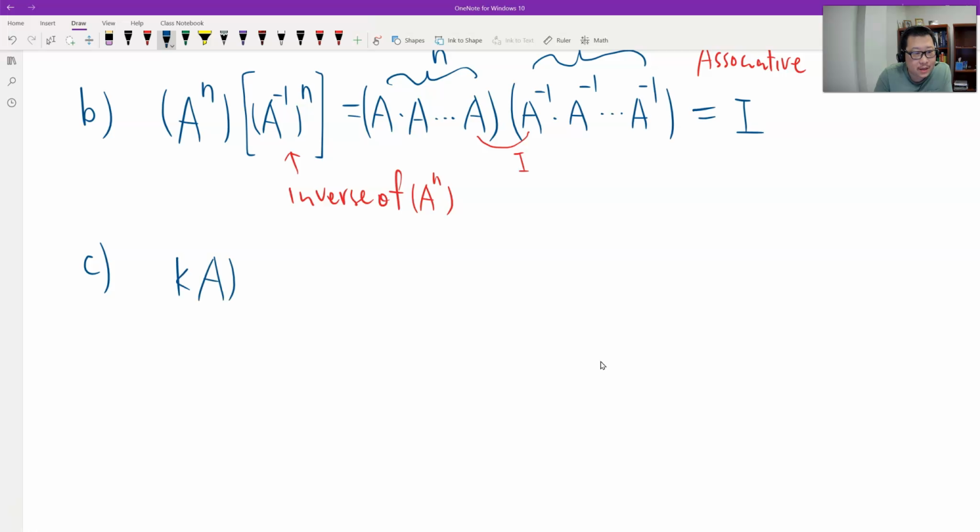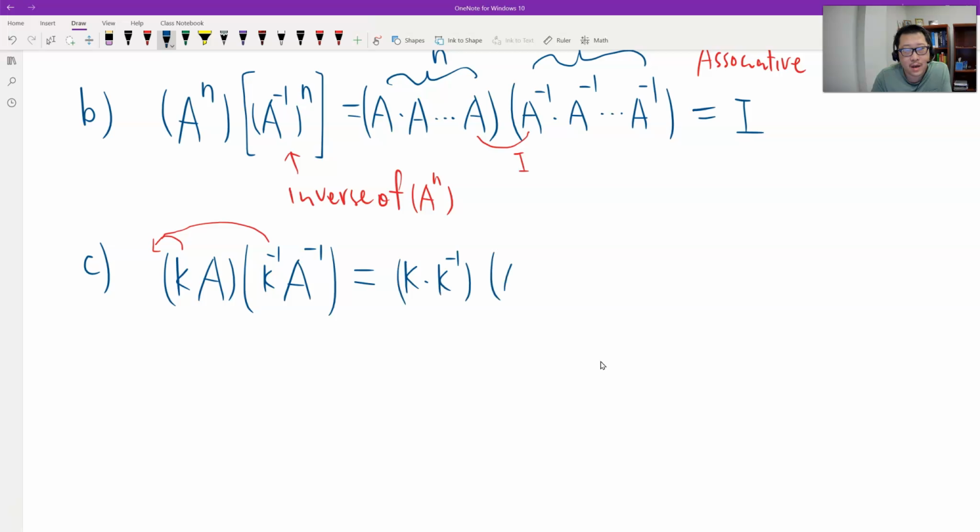So k times A times one over k, where k is not zero, times the inverse of A. By the homogeneous property we learned before, we take out k times the inverse of k, and then we have A times the inverse of A. That is 1 times the identity matrix, which is the identity.